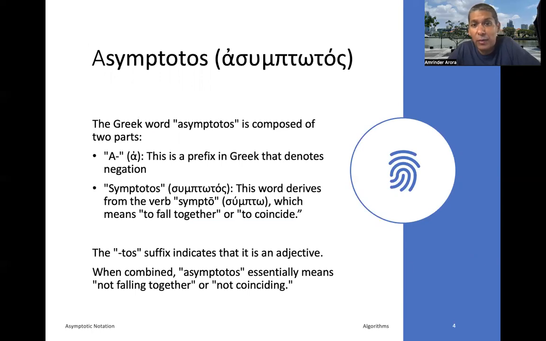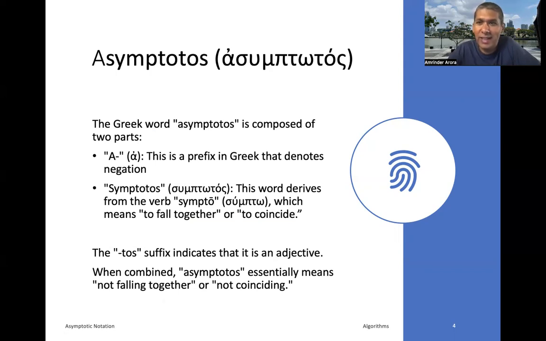Now, with the word sympto, you can easily guess some of the other English words that come from it: symptoms, symbiosis, etc. All of them come together, as we can guess that the word sym essentially means together. So in this case, asymptotos essentially means not falling together, not coinciding.